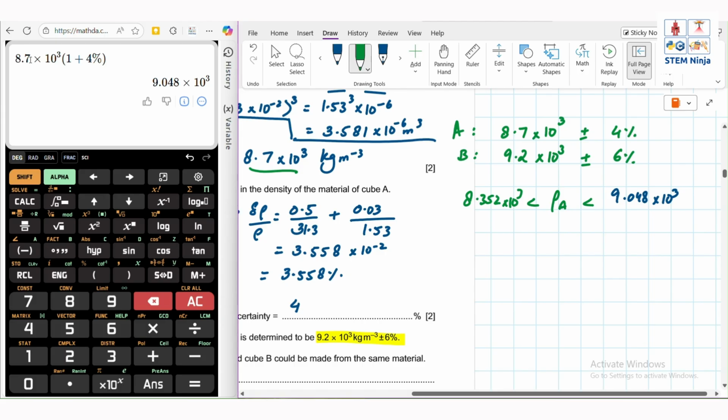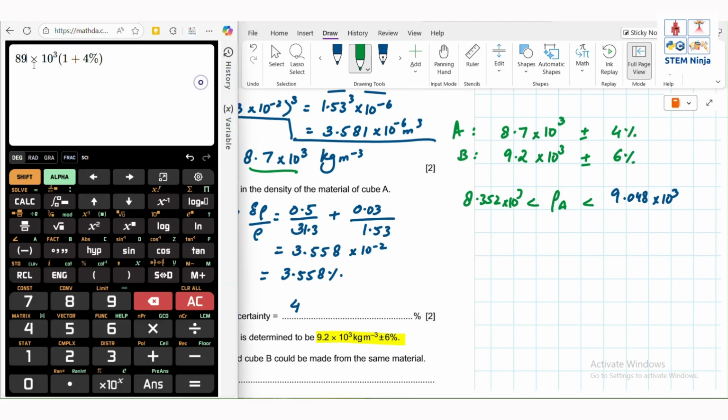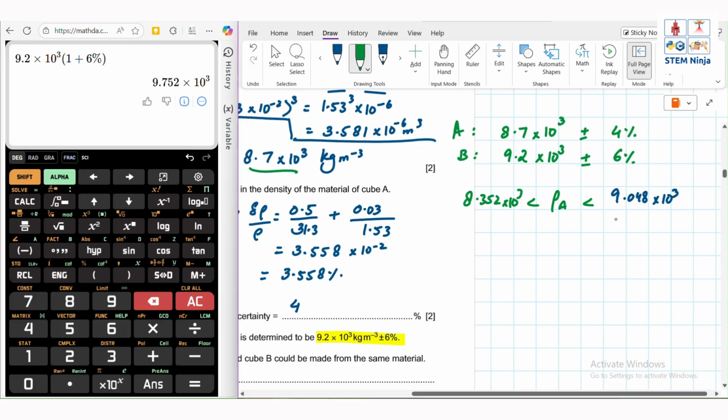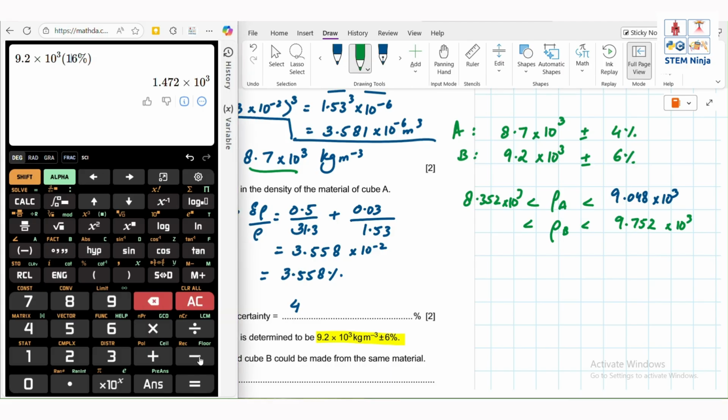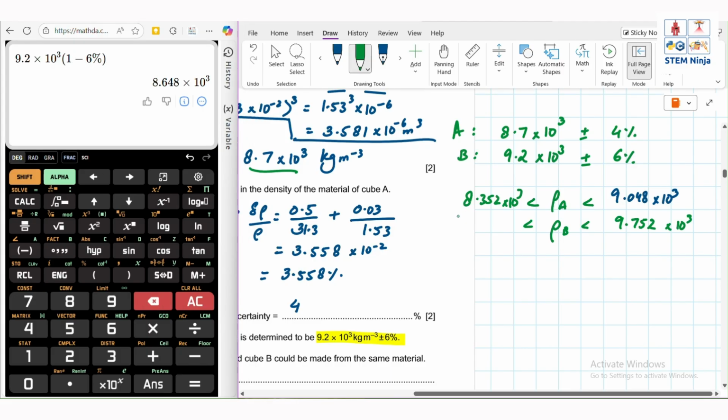Then we need the same thing for the 9.2, and this is 6%. So the upper value is 9.752 × 10^3 for the density of B, and the lower is 8.648 × 10^3.